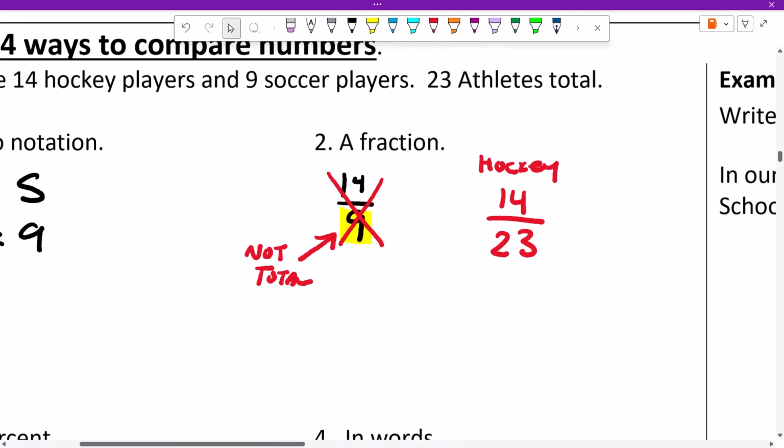We're just talking about hockey players. We could say soccer players and write another fraction for it. We could say there's 9 out of the 23 soccer players. So sometimes there's more than one ratio or fraction we can write down. And you just have to be clear what you're writing down.